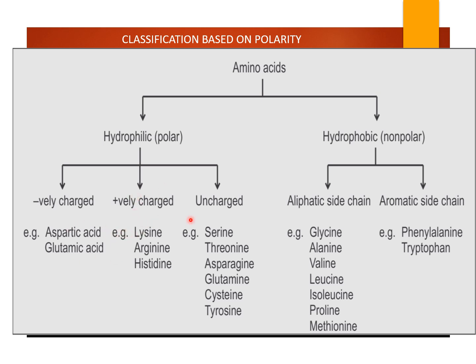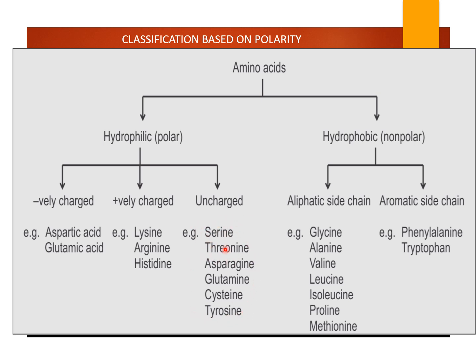Similarly, in the positively charged category, lysine, arginine, and histidine come. In the side chain there is an amine group present, and when it is protonated, it becomes positively charged. In the uncharged category there are serine, threonine, asparagine, glutamine, cysteine, and tyrosine. These all have neutral groups in the side chain.